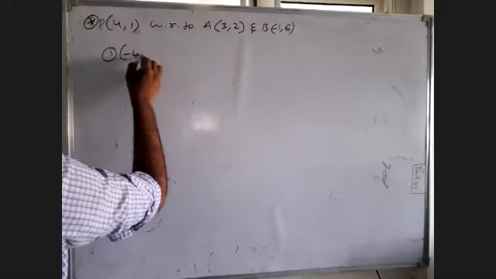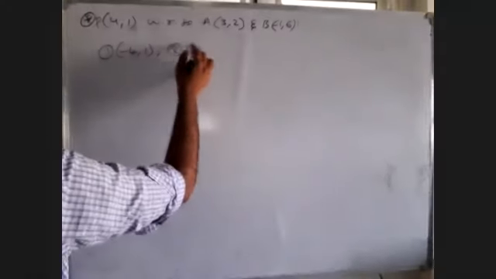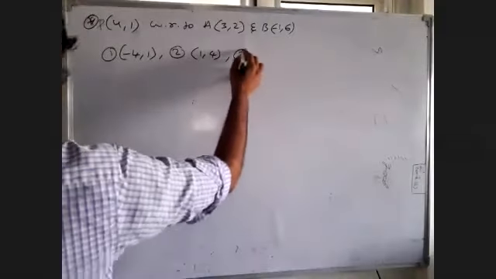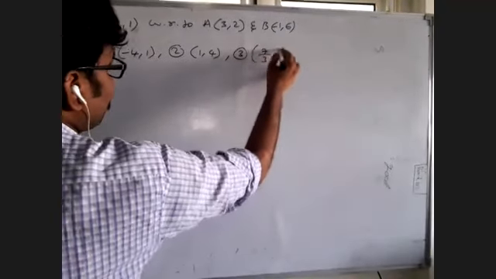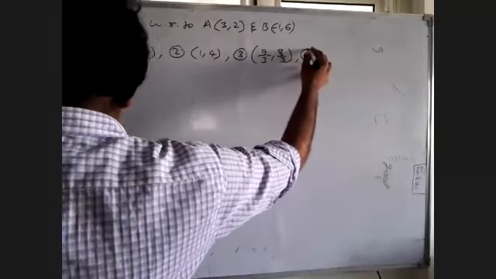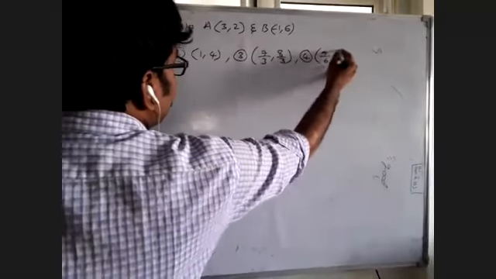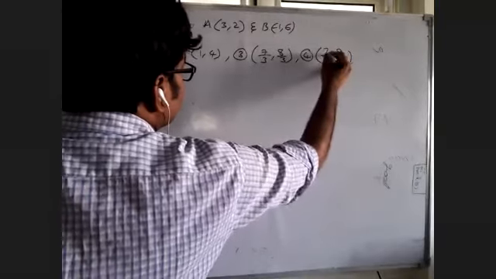AB given, P given, you have to find Q. Options: first, minus 4, 1; second, 1, 4; third, 7/3 comma 8/3; fourth, 7/6 comma 8/6.